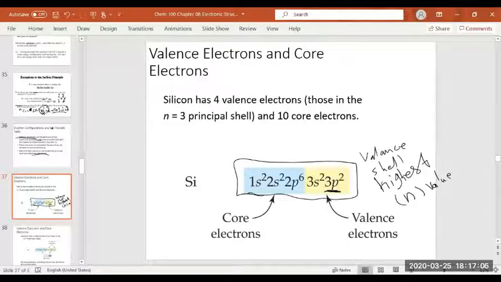Which one is the highest n value? There is the 3s and the 3p. So this is the last shell. How many electrons do you have on it? 4. 2 here and 2. So it will be 4 valence electrons. The other electrons inside will be called core electrons.